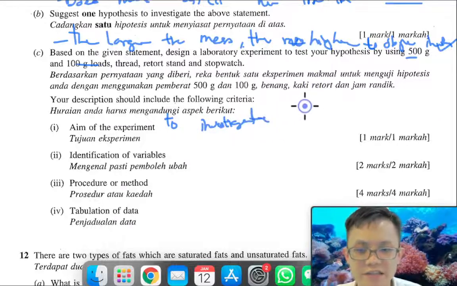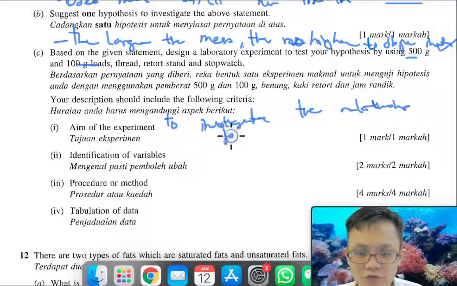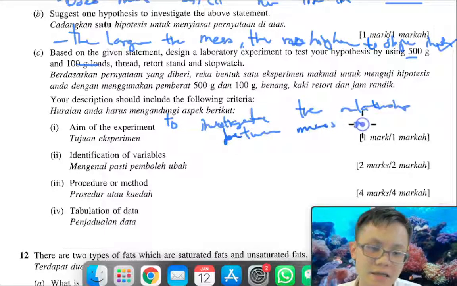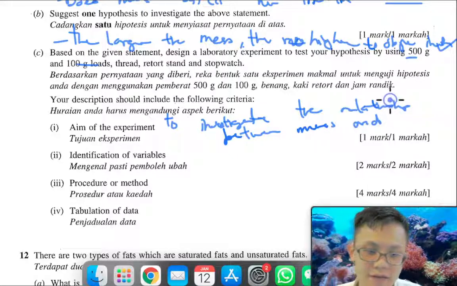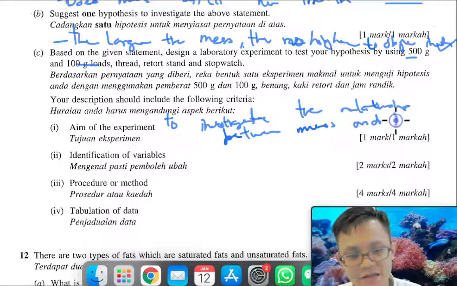Okay, to investigate the relationship between mass and inertia, the relationship between the mass and the inertia of the object.